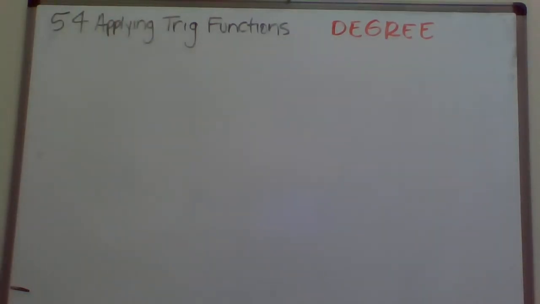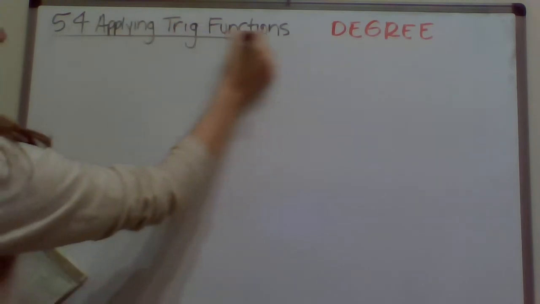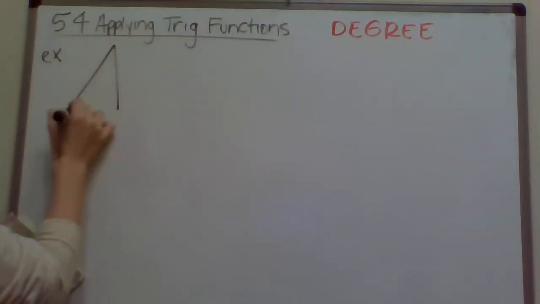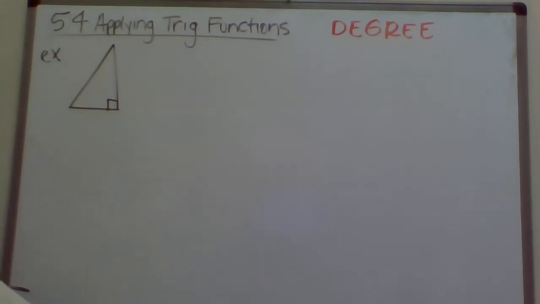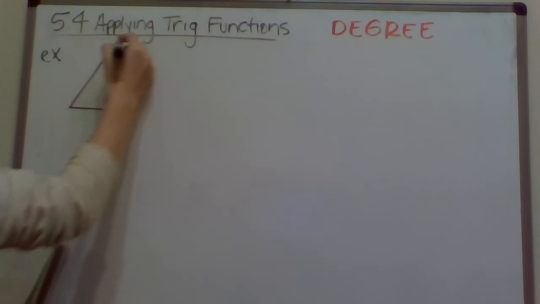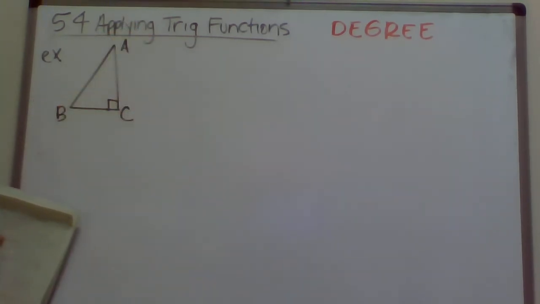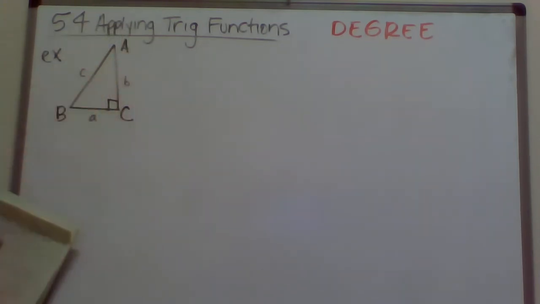So we're going to jump right in. The first types of examples that you're going to do is if I give you some sort of triangle scenario and I give you some information about it and ask you to solve for missing sides or angles. So if I have triangle ABC, and consequently in geometry, if the angles are capital ABC, the opposite sides are lowercase abc.